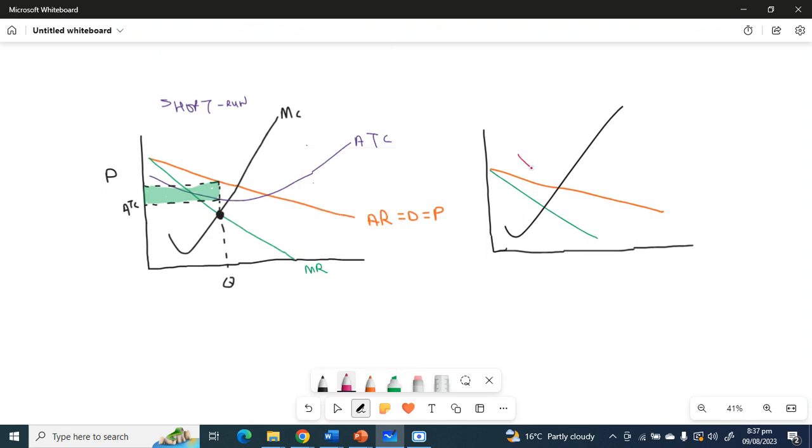We put our average cost curve here. This is our average total cost curve. This is the marginal cost curve.